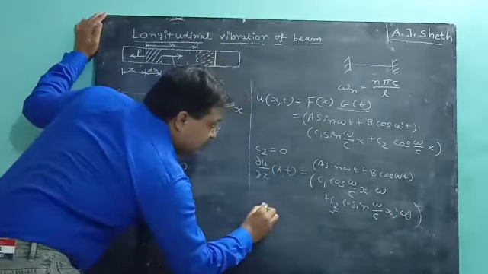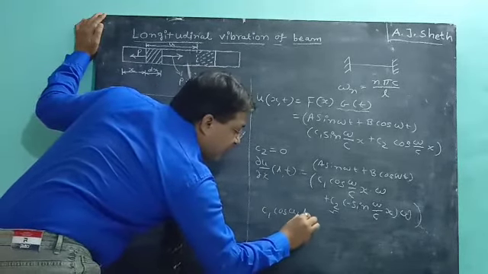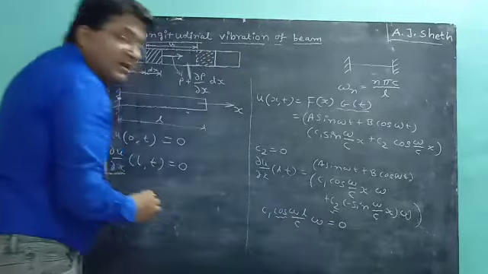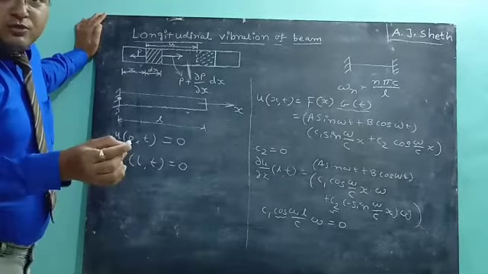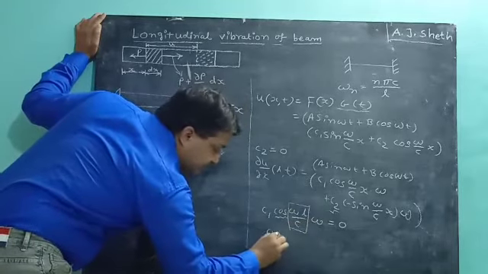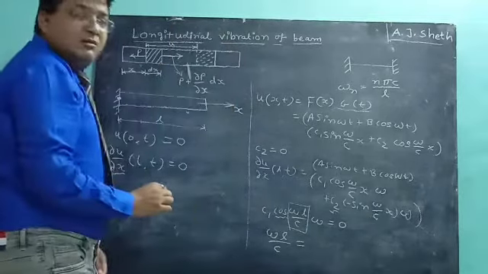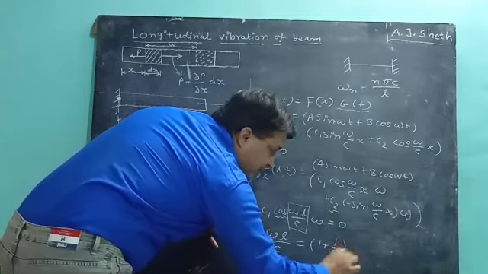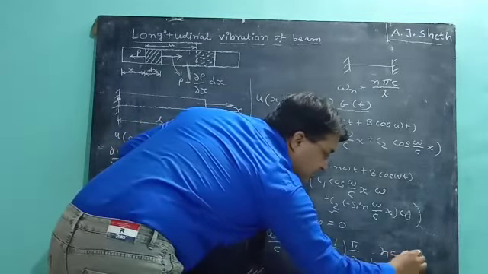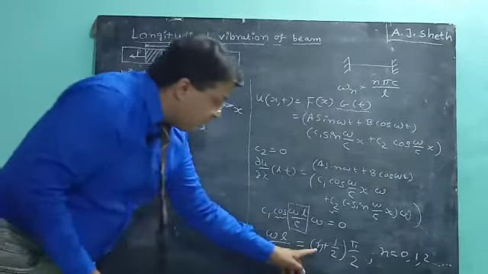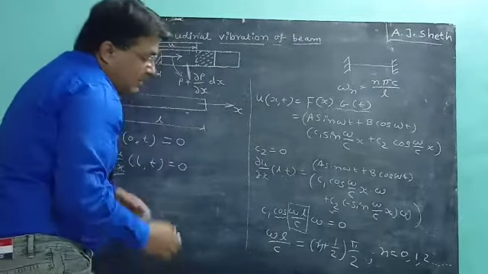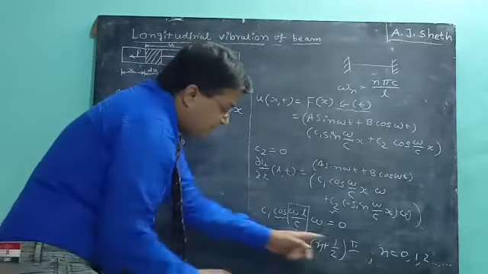The first term, c1 cos of omega L by c times omega by c, is equal to 0, and the cosine function will be 0 when the angle is pi by 2, 3 pi by 2, 5 pi by 2, etc. Therefore omega L by c is equal to n plus half pi, where n is 0, 1, 2, etc.